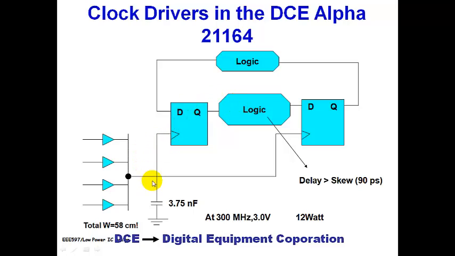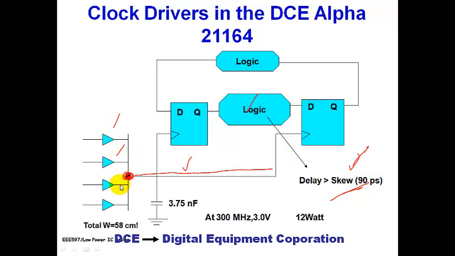In this particular example, I have the wire and I took into consideration that my logic is going to have more delay than the skew, but even there I have taken some additional step also. What is that?